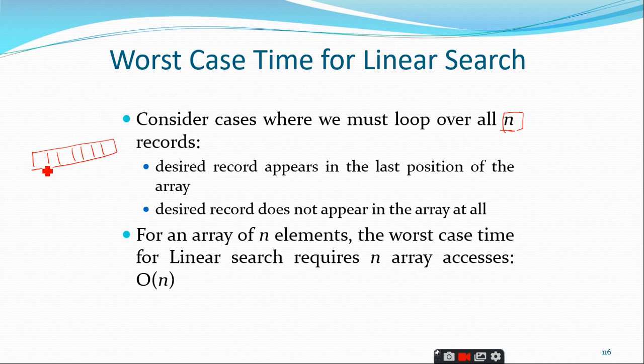Let me take an array consisting of 7 elements: 10, 20, 30, 40, 50, 60 and 70. Let us take the search element as 10. That means the user has inputted the value 10 and he wants the program to tell whether this 10 is present in the given list or not.